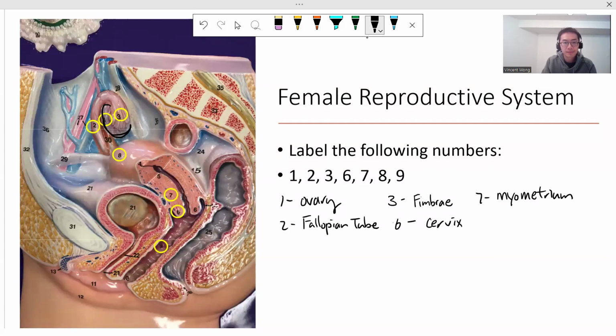Eight is the uterus, but it's the fundus, the body of the uterus. Number 9, that's the vagina.